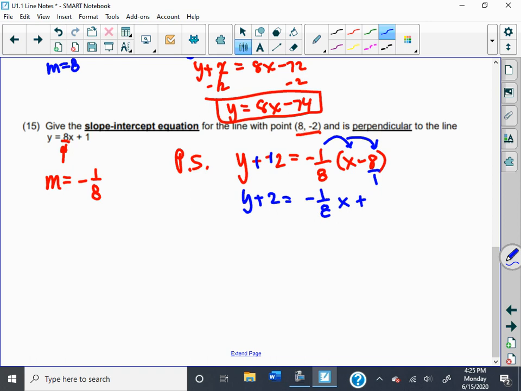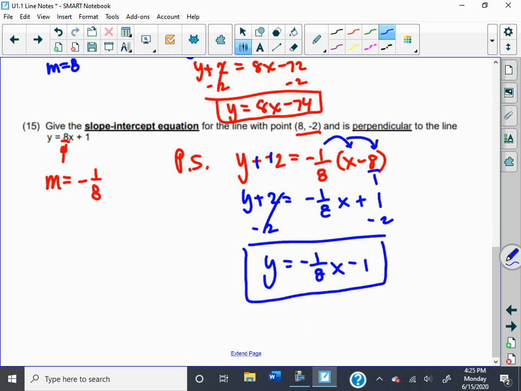And then if you multiply across, 1 times 8 is 8, and then 8 times 1 is 8, and 8 divided by 8 is 1. A negative times a negative is positive. Subtract the 2 over. So y equals negative 1/8x minus 1. So that's y equals mx plus b, or slope-intercept form.